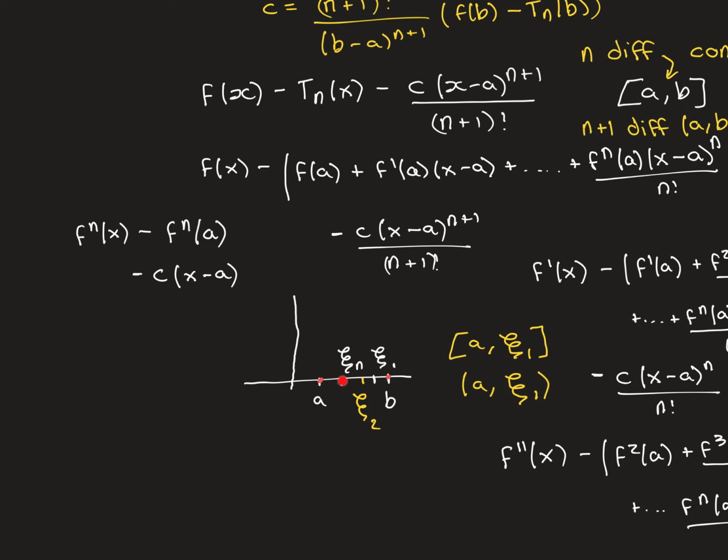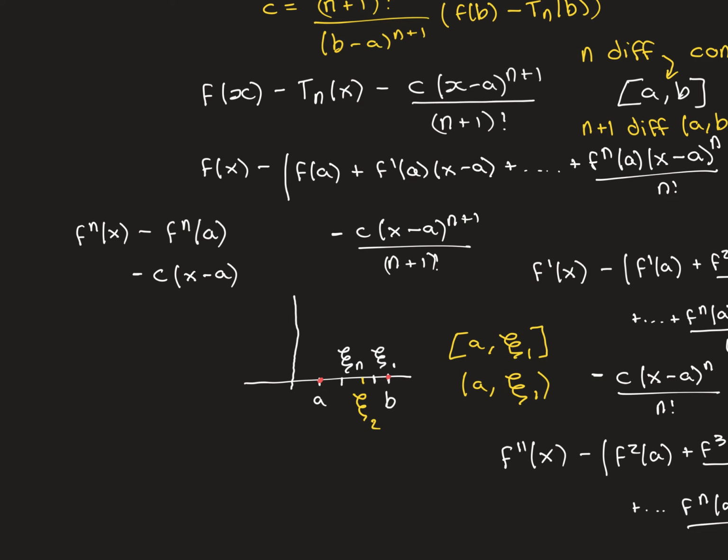We also know that we have this xi n, which we got through this continued recursive process of using Rolle's theorem, where xi n is going to be somewhere in between a and b, and it's going to be a point where this nth derivative is equal to 0. Now we're going to apply Rolle's theorem one final time, because sticking a in here gives the nth derivative of f at a, it cancels with this.